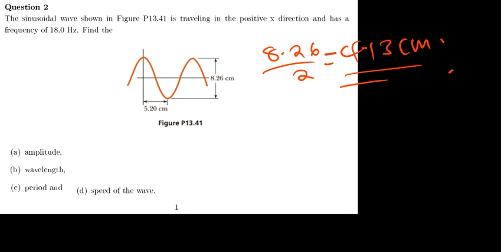Yes. Okay. Now amplitude, let me just explain a bit. Whenever we're talking about amplitude, if I have a wave, this is my wave here. So it starts from there.